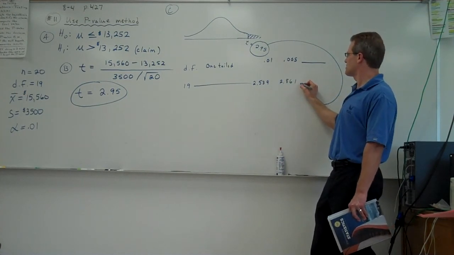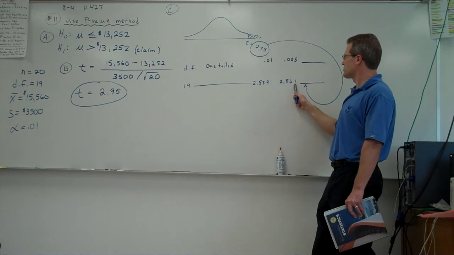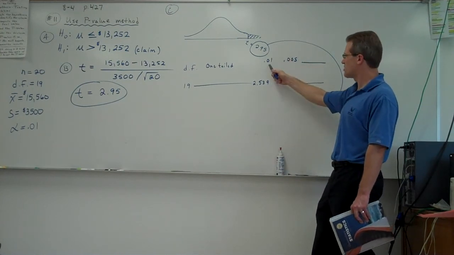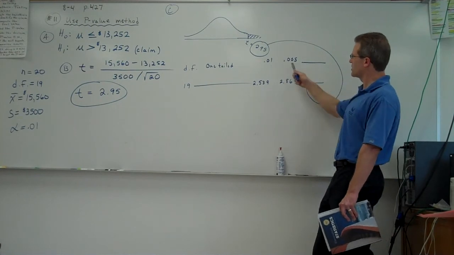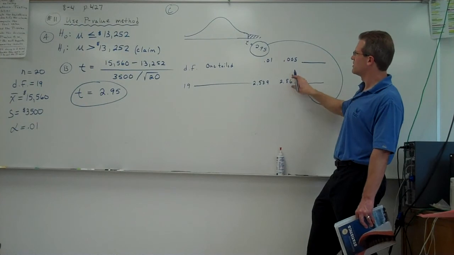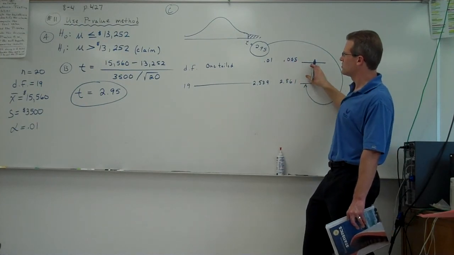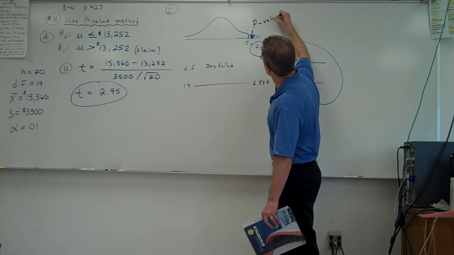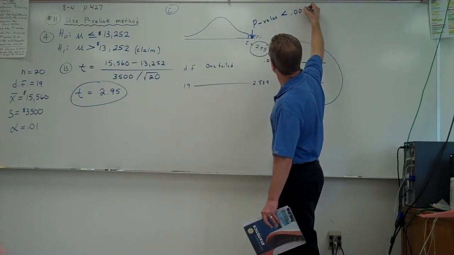Since my test value is bigger than these numbers, my p-value will be what compared to this number? Smaller. These numbers are getting bigger, these are getting smaller, right? So because my test value is bigger than 2.861, my p-value is less than 0.005. So that area we know is less than 0.005.